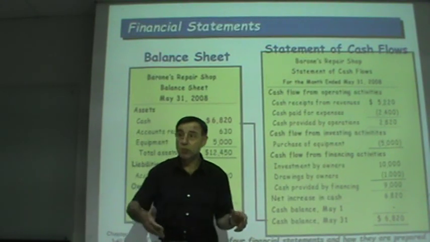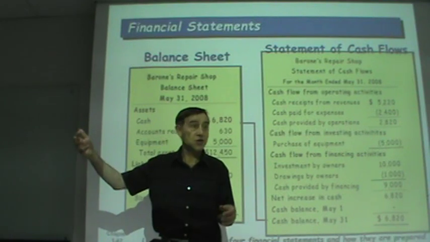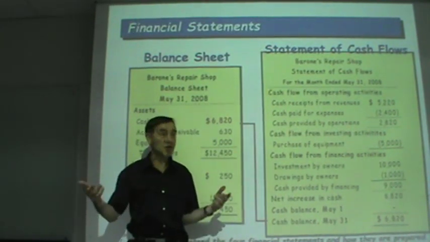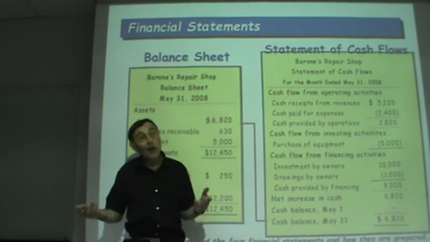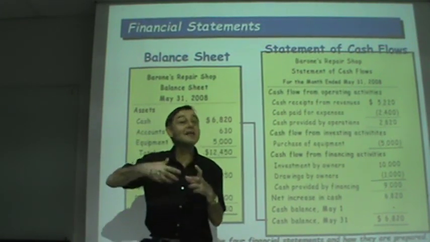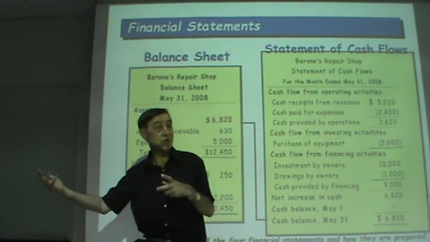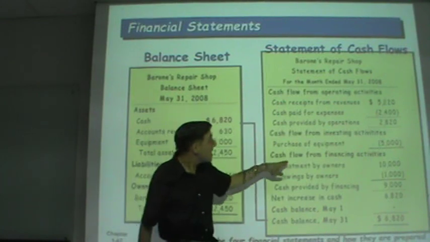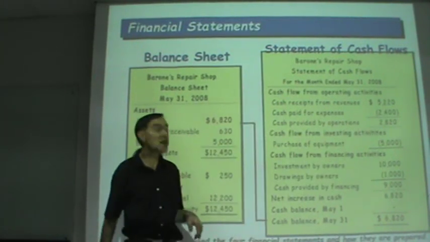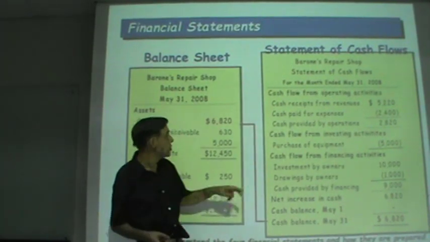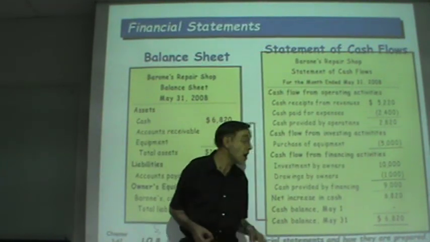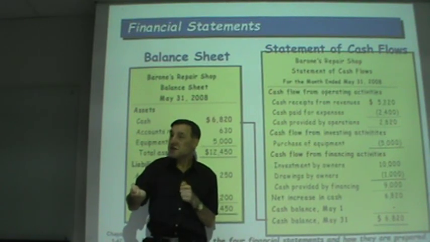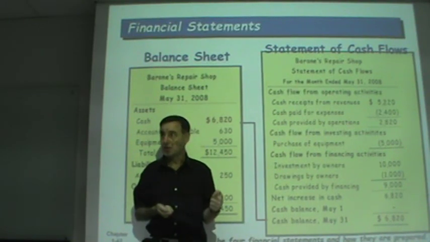Okay? Swimming pool, you use 5, 10, 20 years. Or a brand new building you're going to use for 5 to 20 years. Okay? Or something that will take many years of usage. Okay? So that's investing activity. Financing activity is associated, usually, see, investment by owners is associated with owners and with creditors.